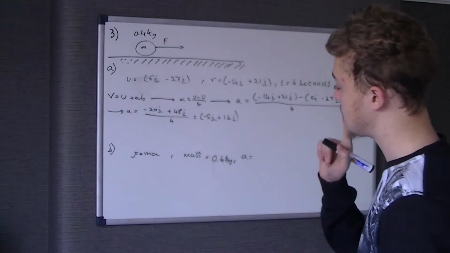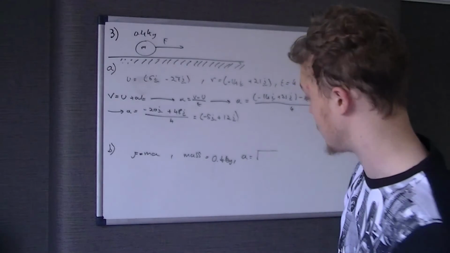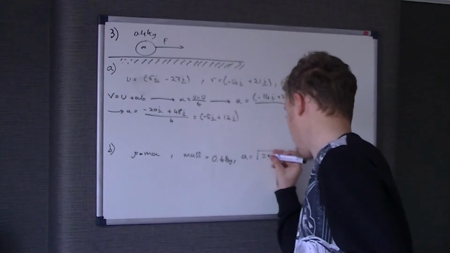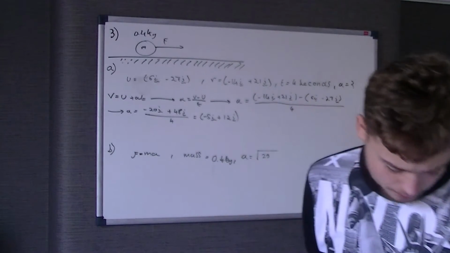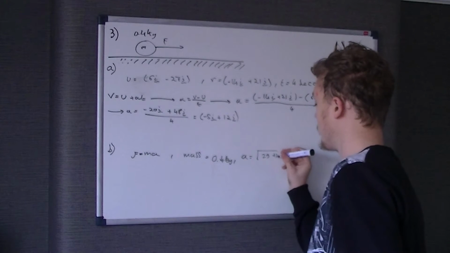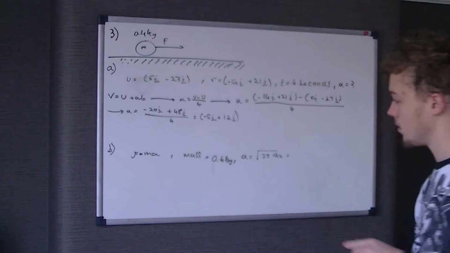To work out the magnitude of a, you do Pythagoras' theorem, which is minus 5 squared, that'd be 25, plus 12 squared, which is 144, which is the square root of, have I done that right?